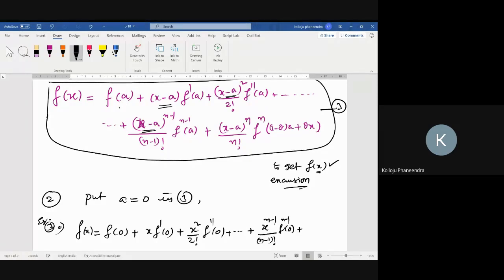And what does the remainder term become? x to the power of n by n factorial f nth derivative at theta x.